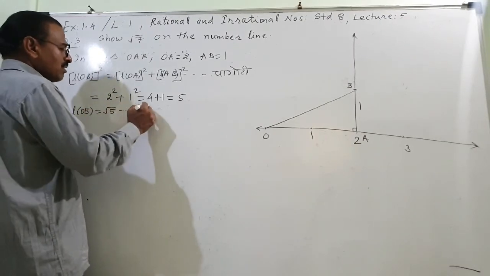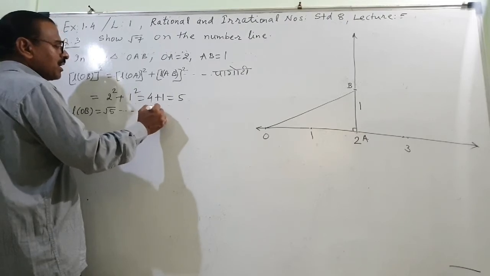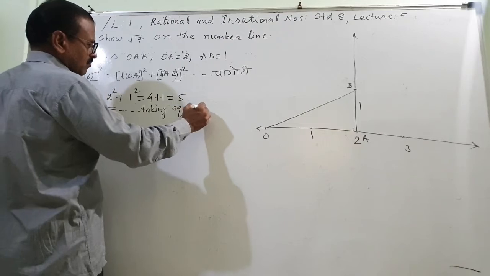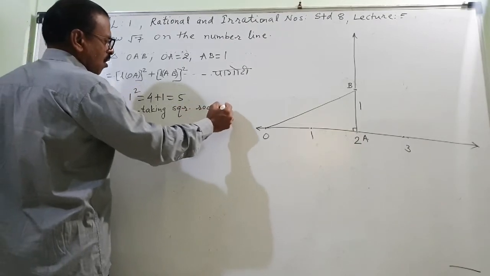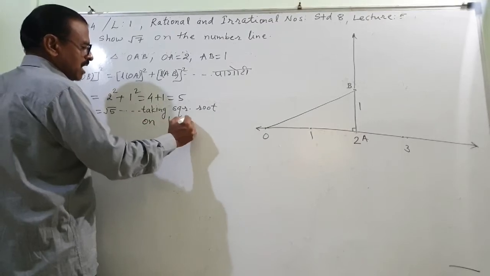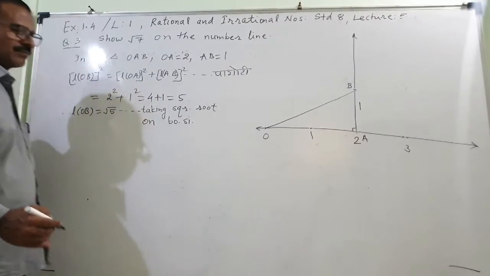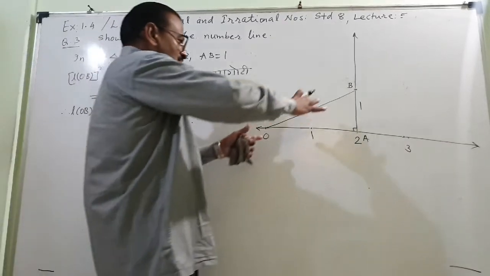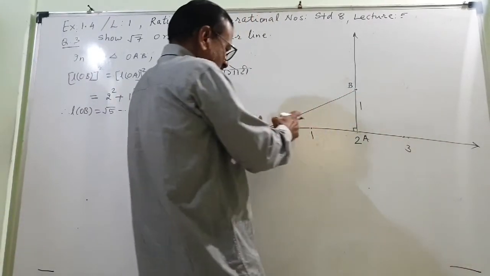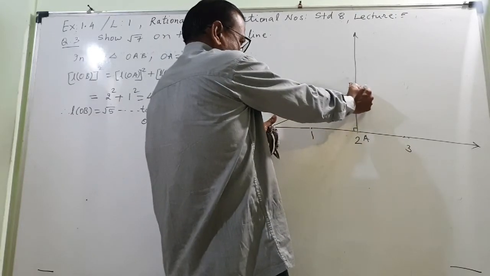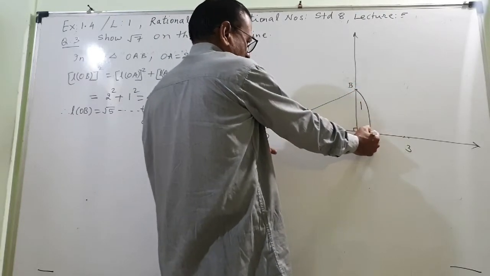Till now I have not given the reason. We will give the reason: taking square root on both sides. Understood? So, this much arc I will take, this to this, and draw an arc like this.